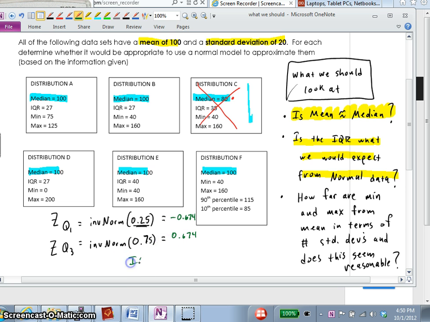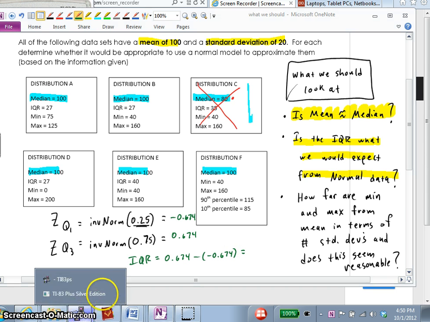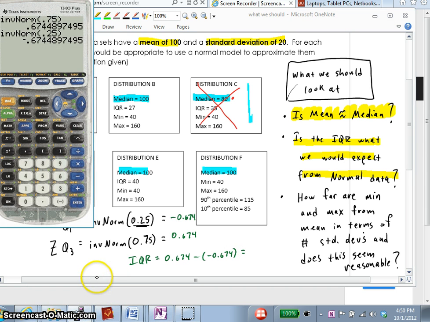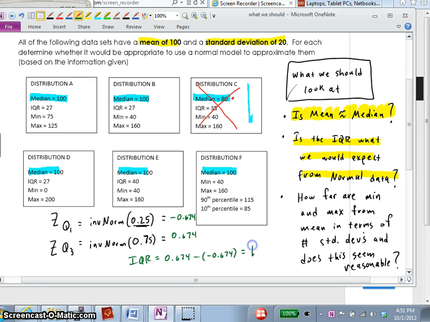So the IQR would be the difference between those two, 0.674 minus negative 0.674, which is really just 2 times 0.674. So I am just going to multiply that by 2, and we see that the IQR should be about 1.35 in a standard normal model.